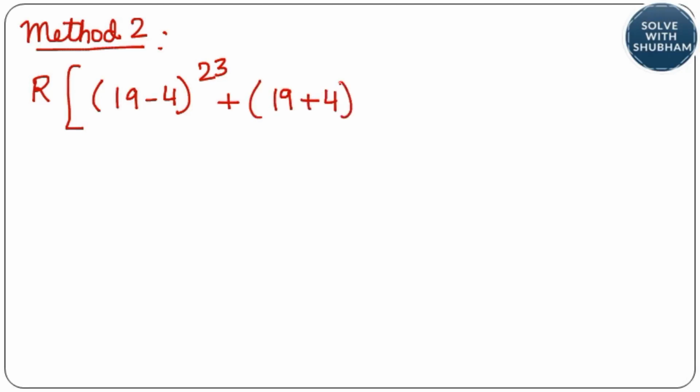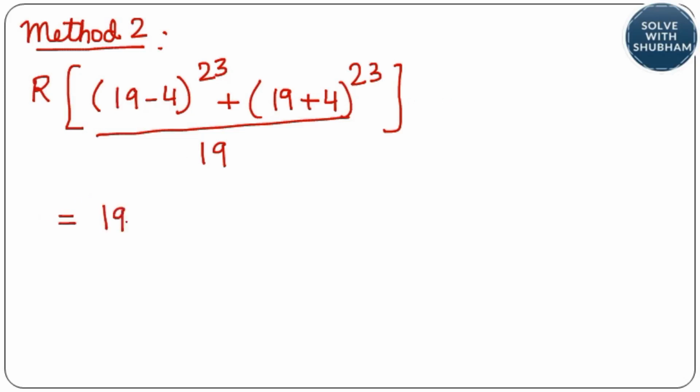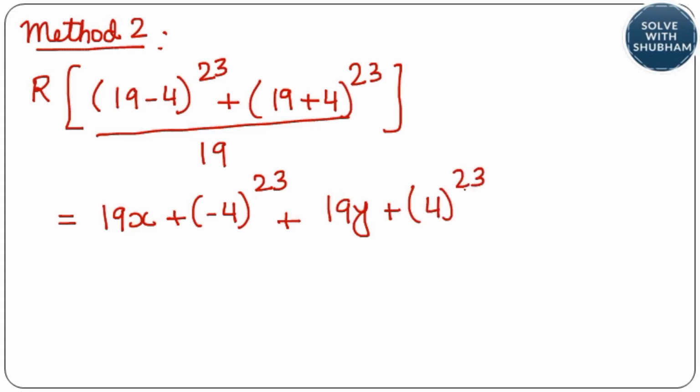We can write it as 19 plus 4. You're dividing by 19. So basically this number would be 19x plus minus 4 to the power 23, 19y plus 4 to the power 23.